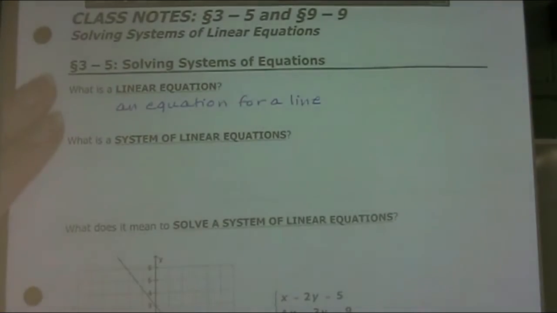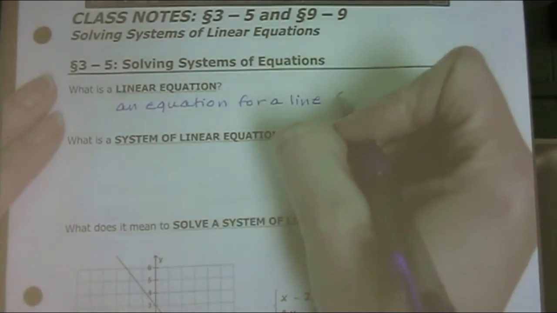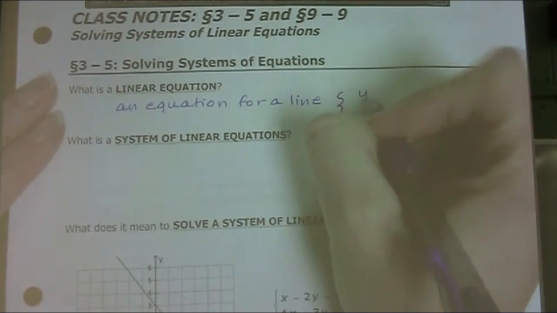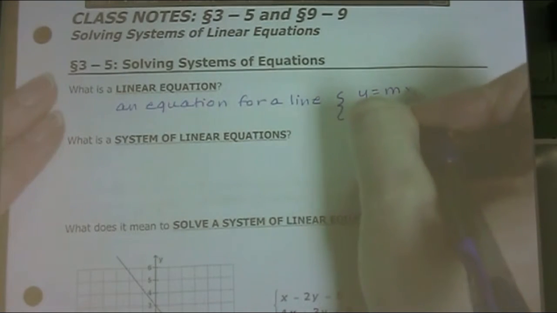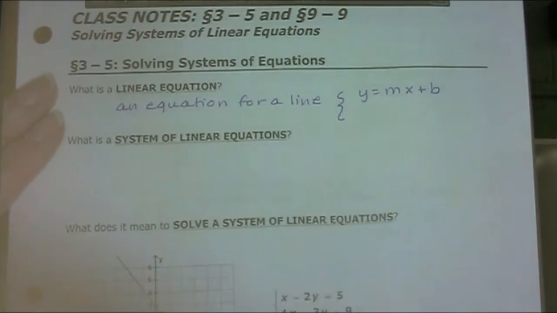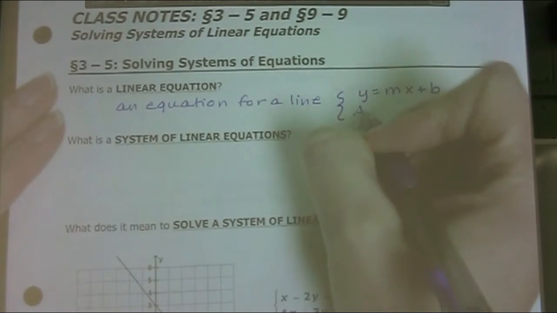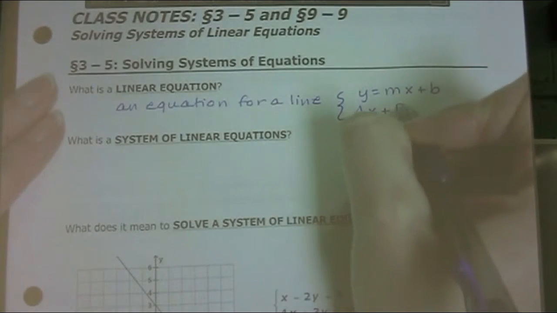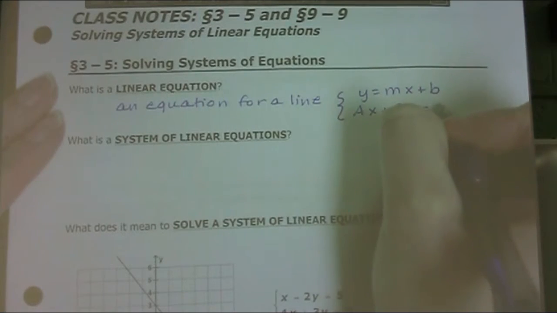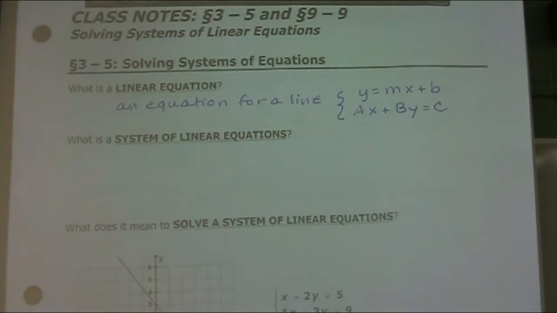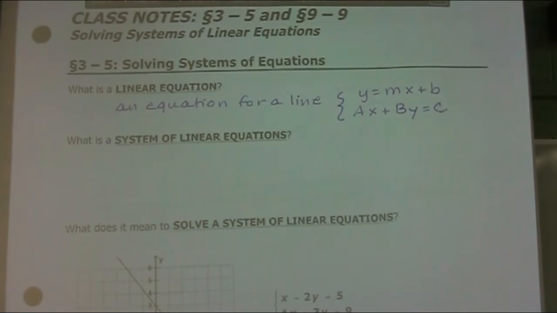And an equation for a line can look a couple different ways. We can either have y equals mx plus b, or we can have ax plus by equals c. So it can be written in either of those two ways. Now, what is a system of linear equations?